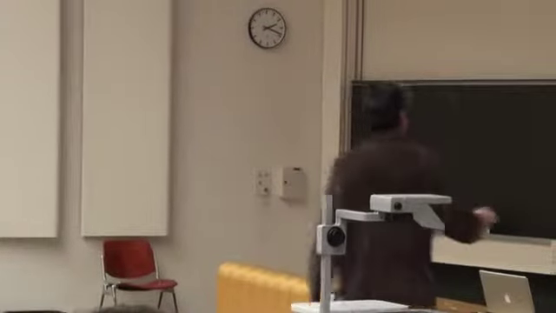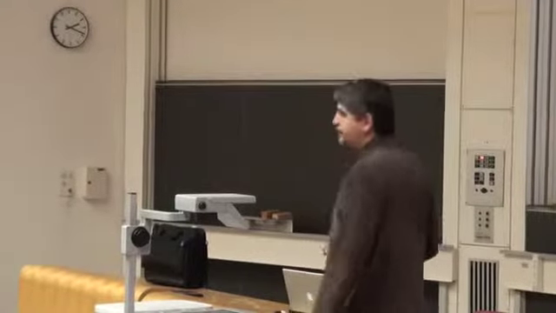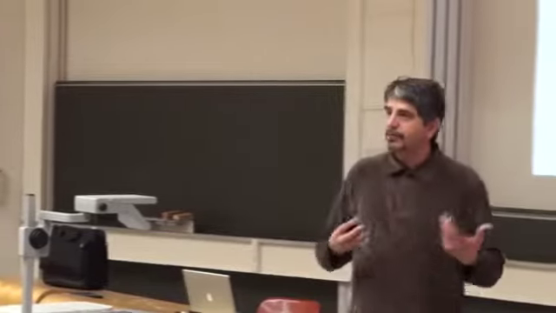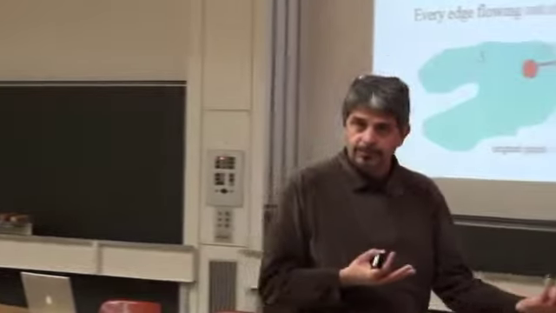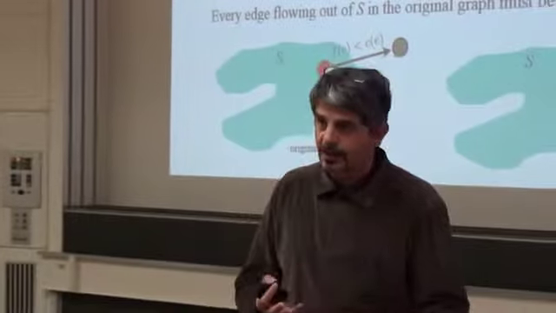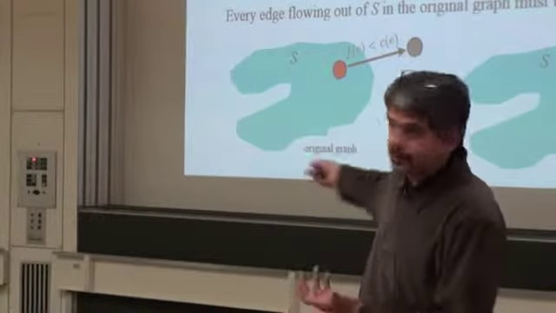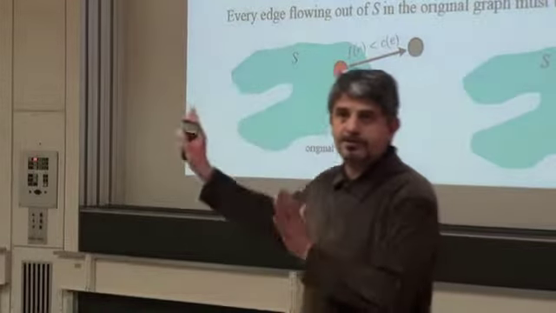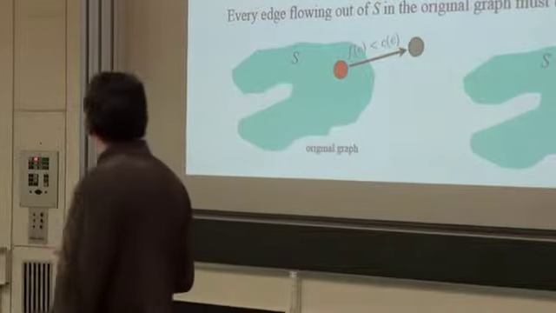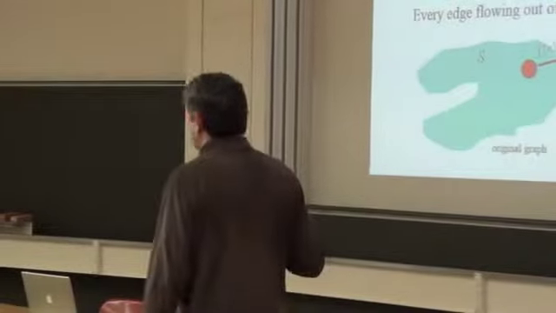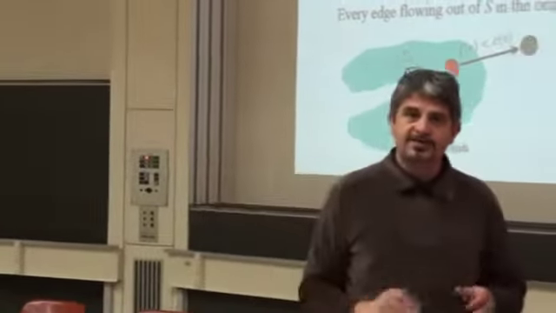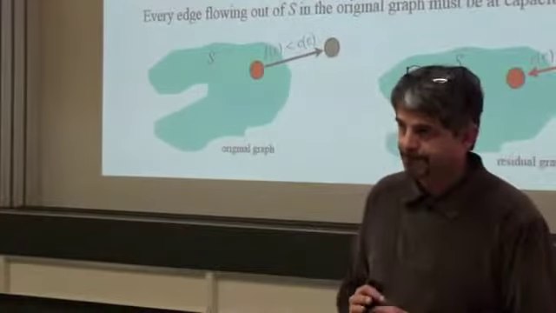So if it were not at capacity, we could follow this edge outside of the set S. So some node outside of the set S would be reachable from the little s node. This is, of course, a contradiction because we know this blue part is all the nodes that are reachable. Nothing outside of S can be reachable. So all the forward edges out of S have to be at capacity.